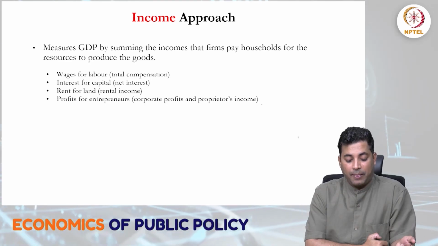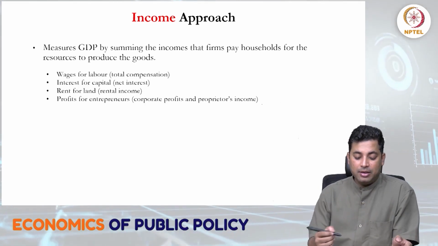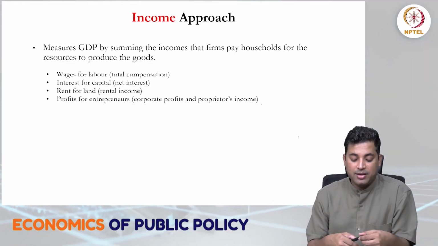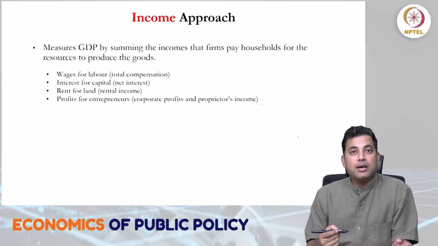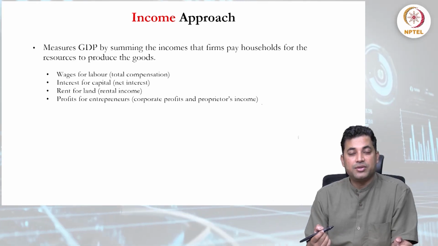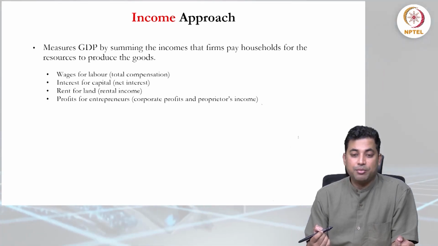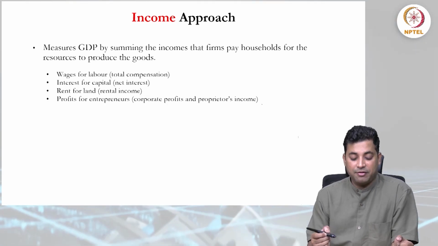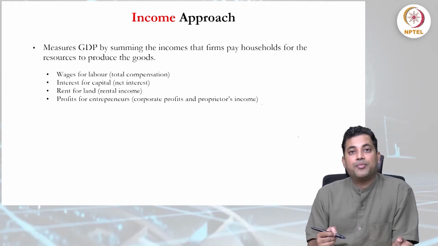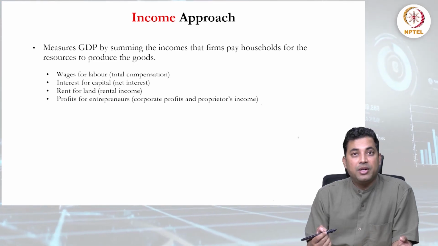to households. And if we look at the income, wage is the income for labor. So it is basically the total compensation towards the labor that is used to produce goods and services by the firms. Then for capital, we pay the rate of interest.